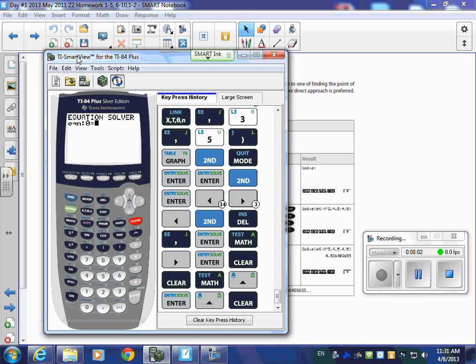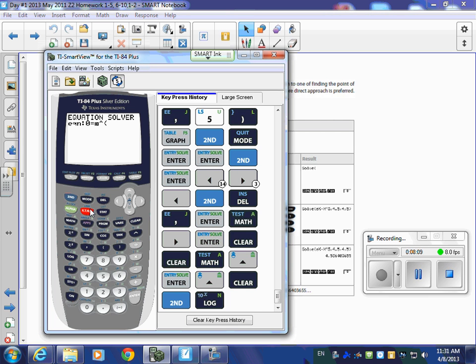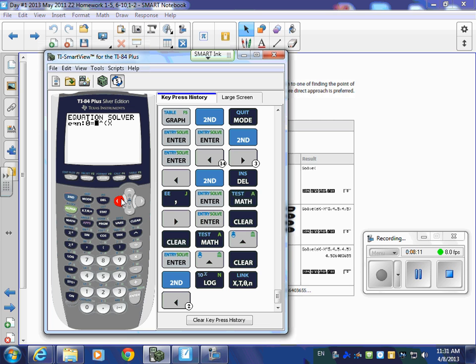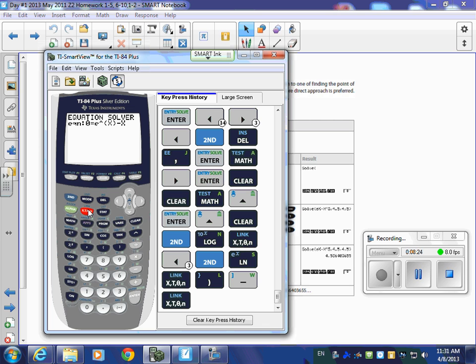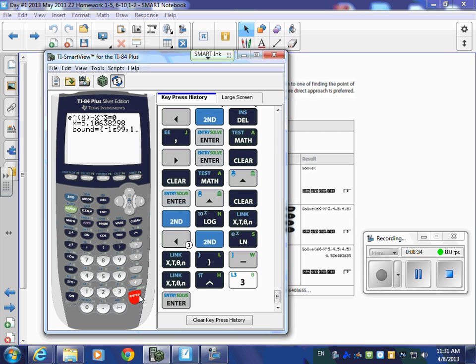Now, e to the x equal x cubed, if we want to put it equal to 0, we can go e to the x. My tracking is kind of bad. And then x. And then we'll just go minus x cubed. Because if we set it equal to 0, it'll just be e to the x minus x cubed. When I hit enter, it shows that equation equal to 0.